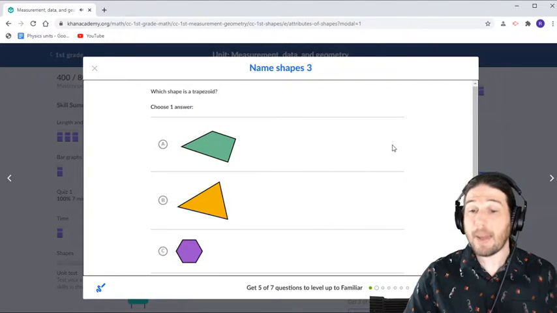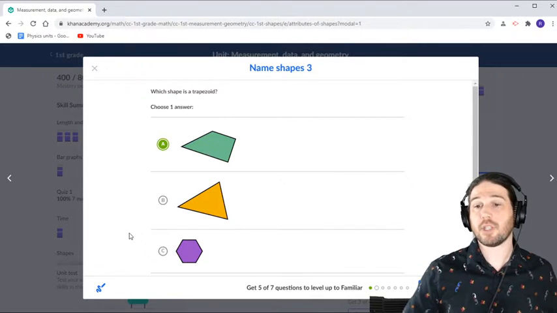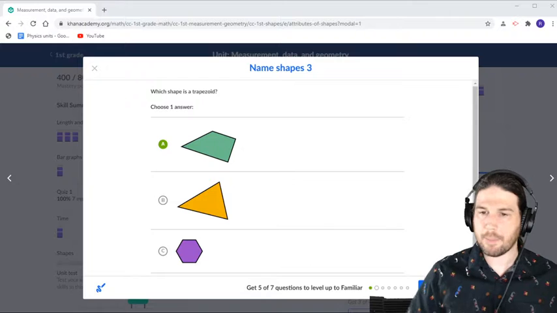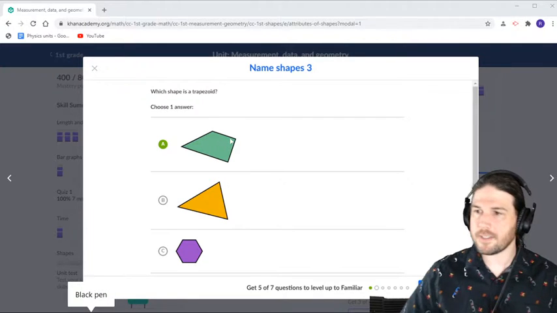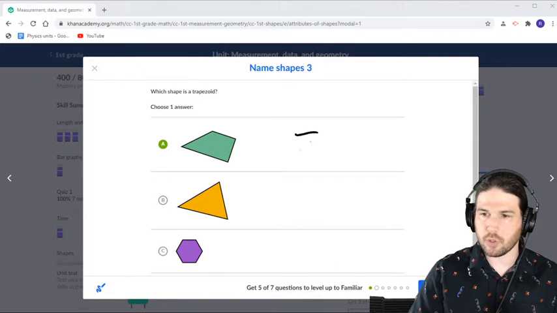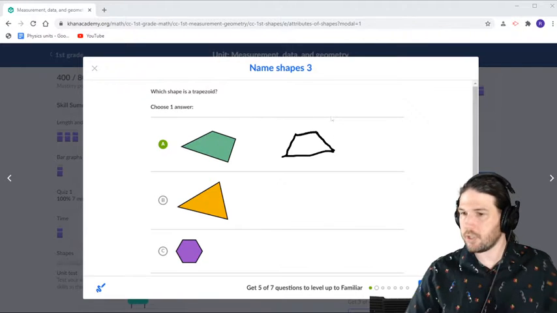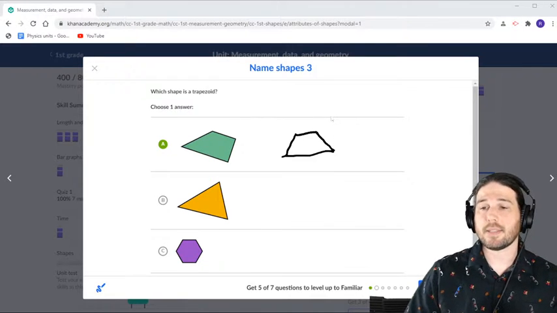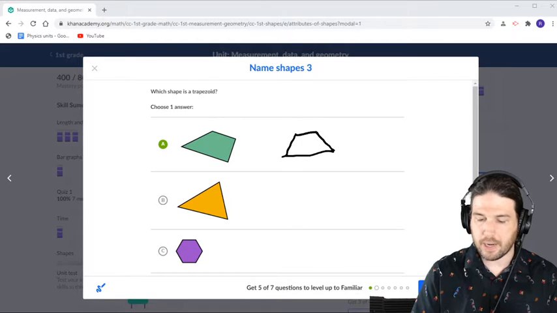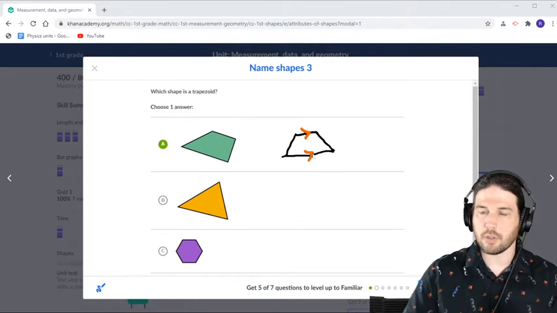Which one is a trapezoid? So trapezoid's a new one, so we're going to talk about trapezoids for a second. A trapezoid, you often see it look something like this. You usually see a trapezoid look something like that. And the idea is that 2 of the lines are parallel. I'm going to use this arrow to denote that those 2 lines are parallel.